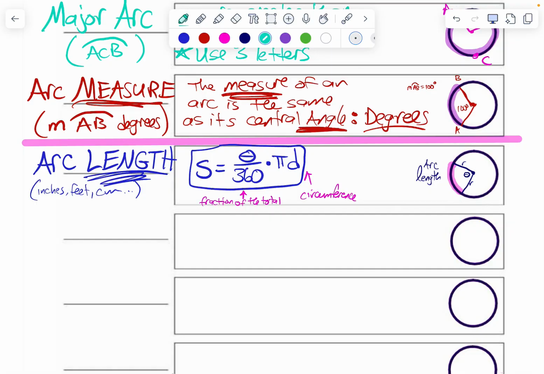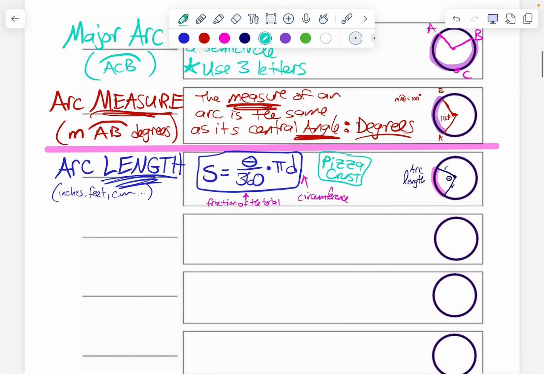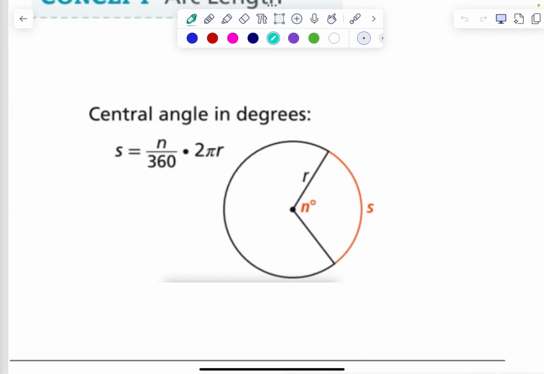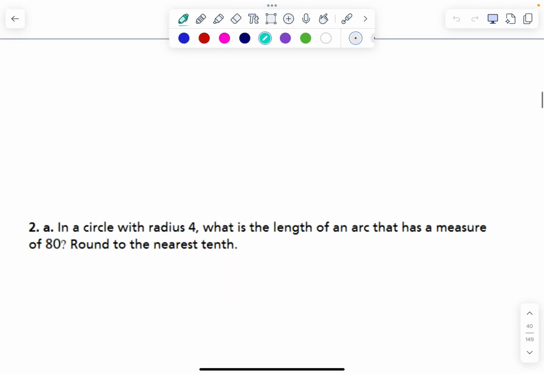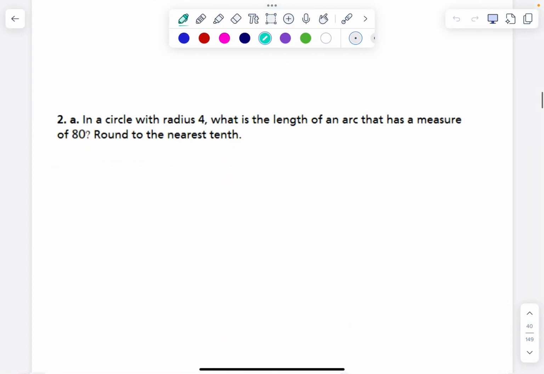Memory aid, maybe? This is the pizza crust. The arc length, this is pizza crust. The next thing we're going to write is the pizza slice. And it has a similar looking formula to this one. We'll put an example in there tomorrow, but here's what one sounds like.